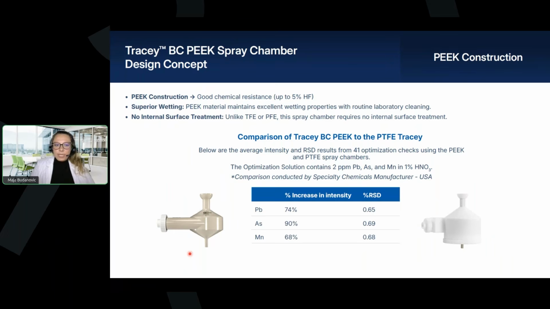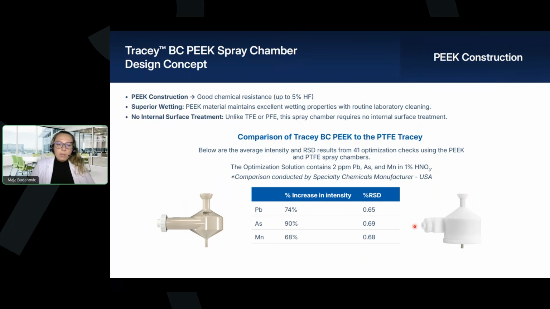Also very important is the material, because PEAK, in comparison to PTFE, maintains consistent wetting properties during routine laboratory cleaning. And PEAK, unlike the PTFE or PFA spray chambers, does not require internal surface treatment, which simplifies maintenance.